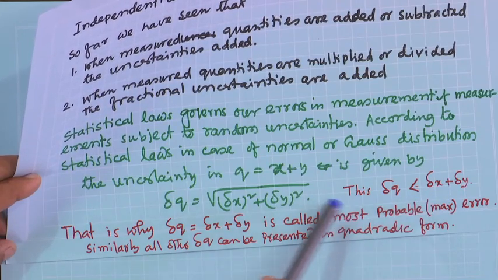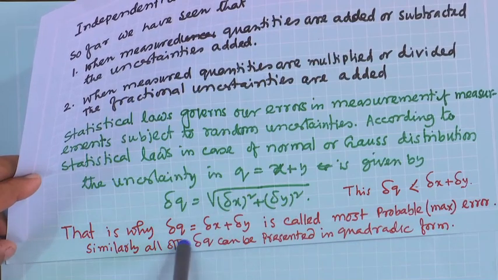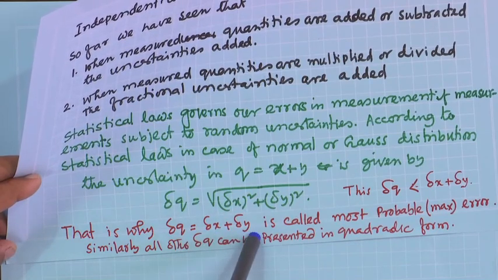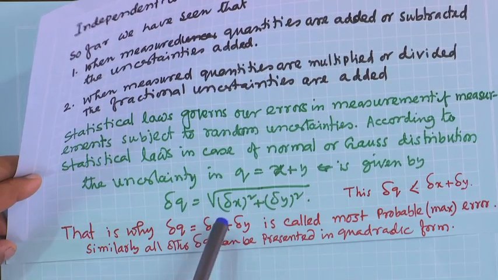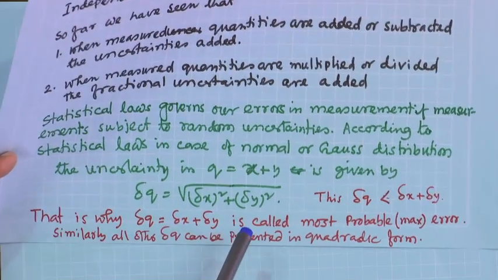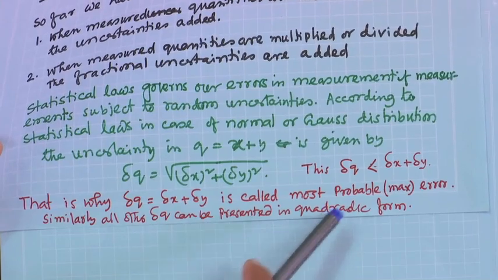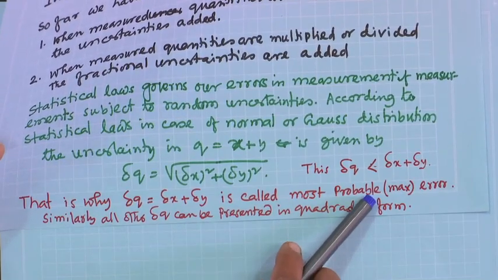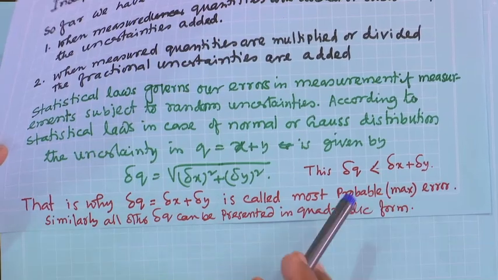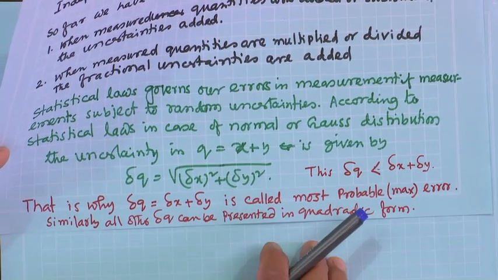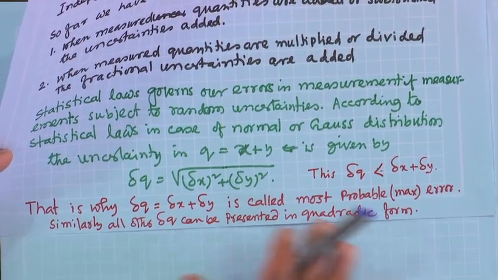That is why del q equal to del x plus del y in this form is what we will take in our laboratory. That is why this error is also called the most probable error. Okay. We say percentage error, most probable error.